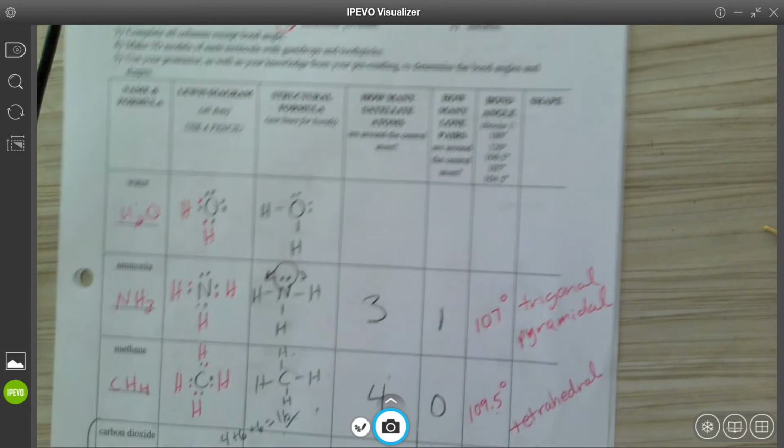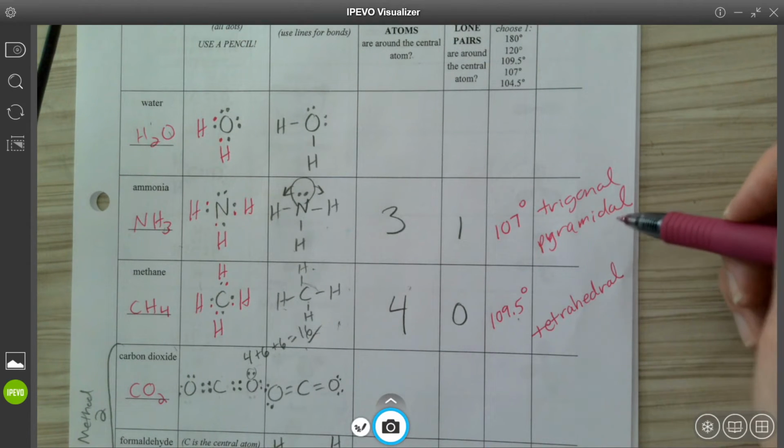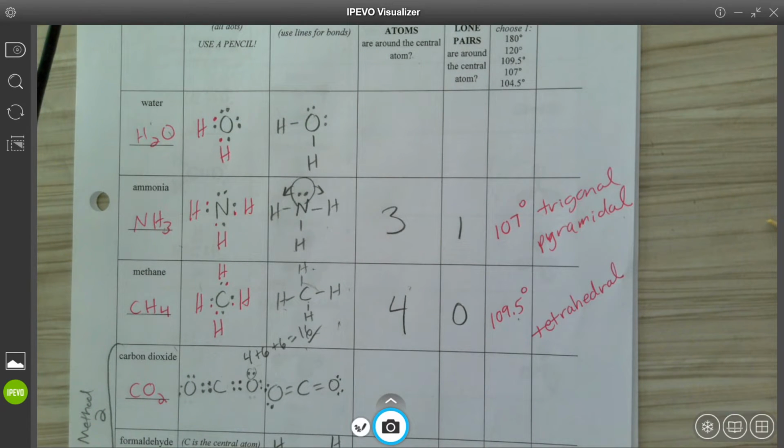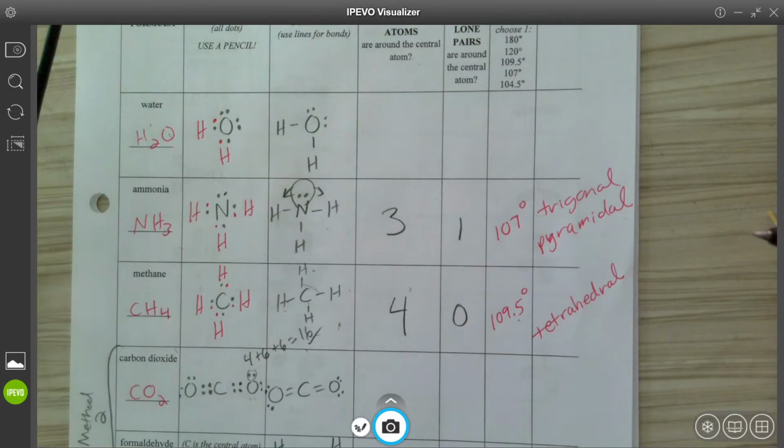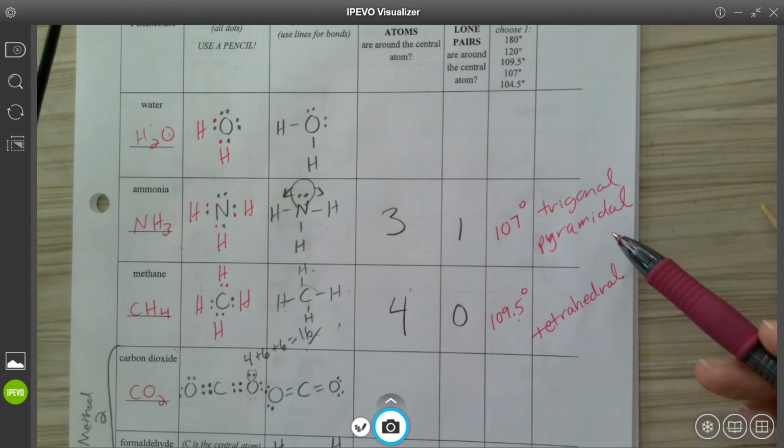Is that how you would normally pronounce that word? If you saw that word, what would you think it is? A lot of people say pyramidal. My high school chemistry teacher said pyramidal, and then I got to college and everyone's like, what? Say it after me: pyramidal.